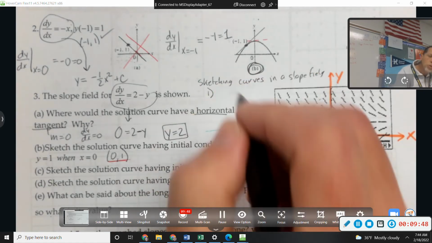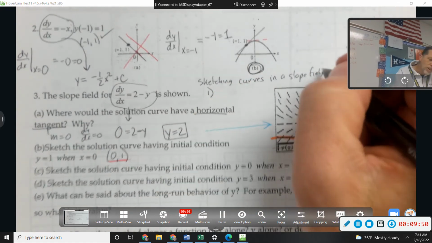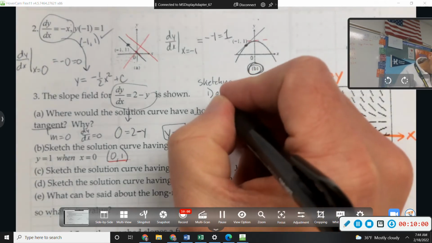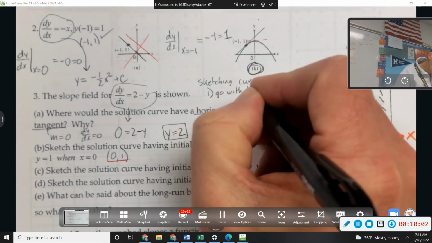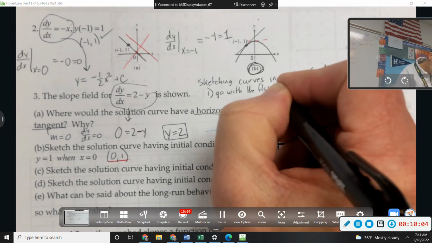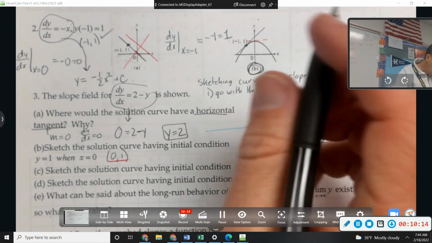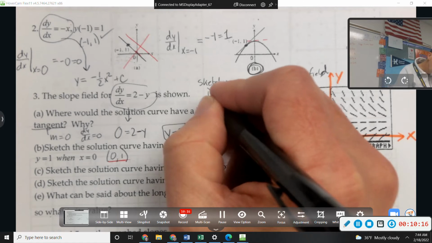There's going to be 2 very unofficial, informal rules here for sketching curves in a slope field. Number one, go with the flow. Like it's just kind of whatever way the current is taking you, go with the flow. Right?